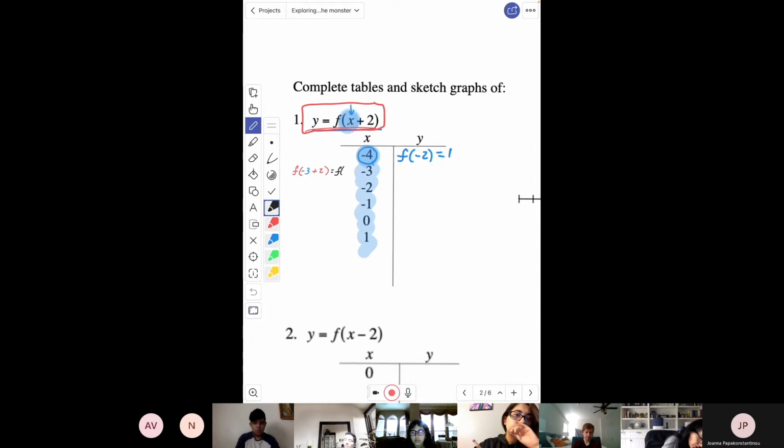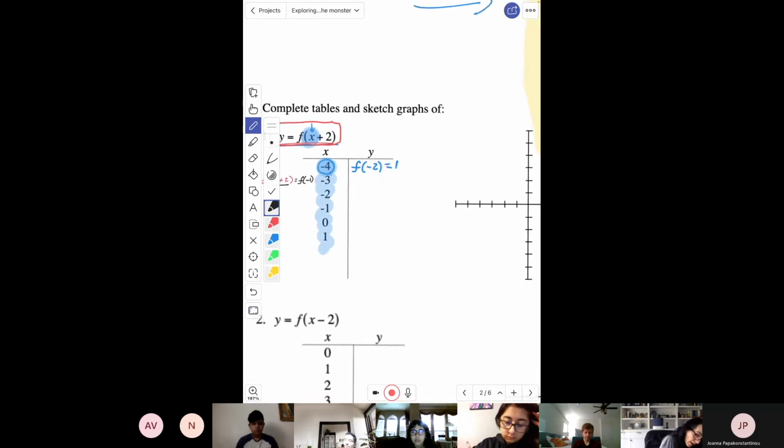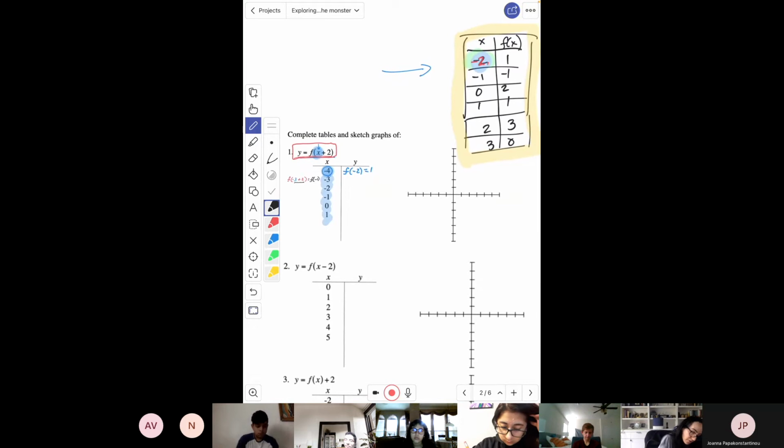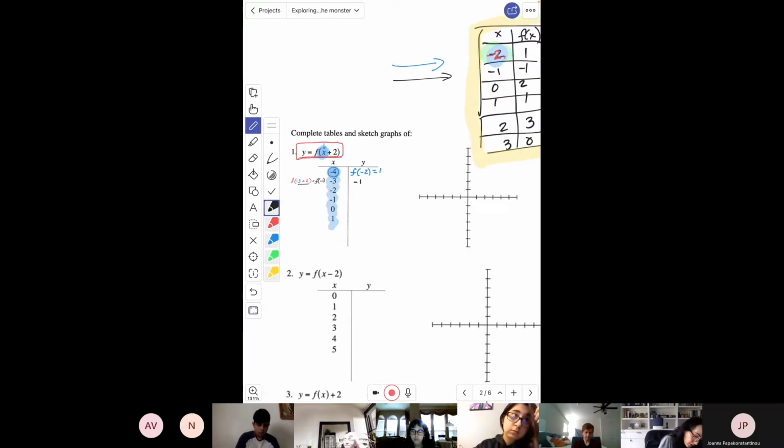F at what value? -1. So I go back to my original graph and look at what happens when f is evaluated at -1. The output is -1. Beautiful. Now let's continue.